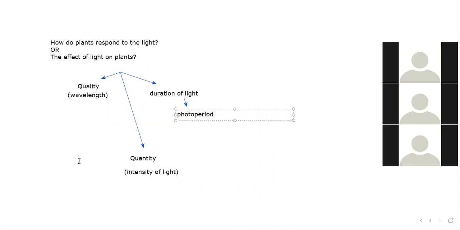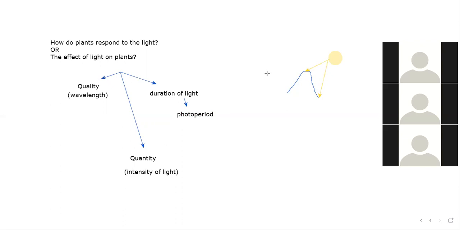Let me explain it to you. Let's suppose this is a mountain, this is a hill, and here lies the sun. One ray reaches this point and another reaches this point on the surface of the earth.